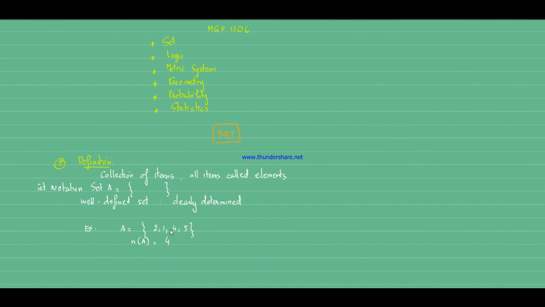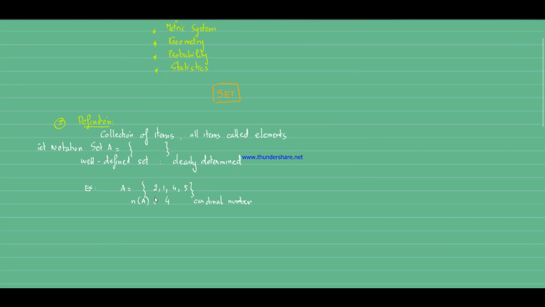Cardinality, the cardinal number, is just the number of elements in that set. Set A has 4 elements, so the cardinality is 4 because there are 4 elements in the set.